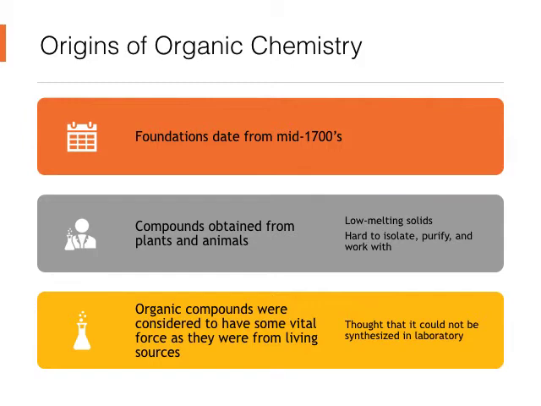Organic compounds were considered to have some vital force as they were from living sources, much like saying that they have their own spirits. And so, they thought that organic compounds can only be taken from living things. They thought that organic compounds cannot be synthesized or made in the laboratory.